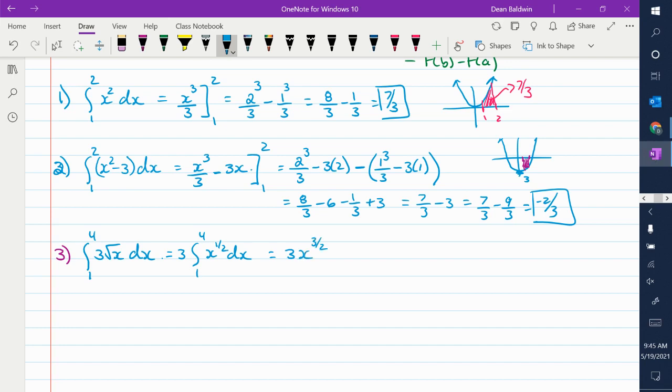Dividing by 3/2 is the same as multiplying by 2/3. So those 3's will cancel. So I get 2x to the 3/2 evaluated from 1 and 4.